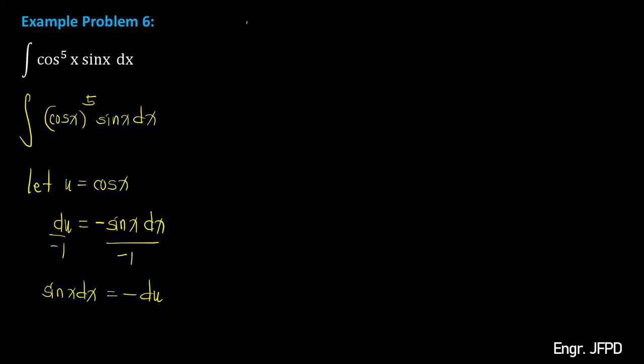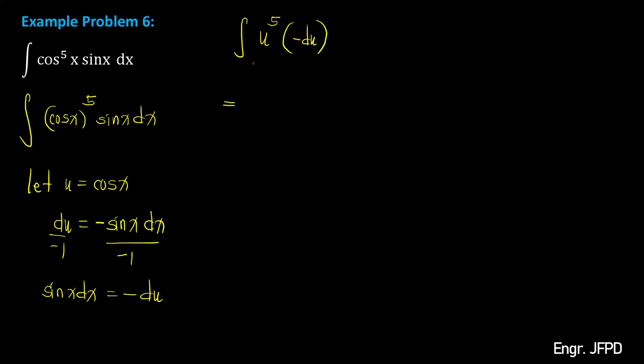Now, for our question, we can express the integral of the cosine of x raised to the fifth multiplied by sine x dx as u raised to the fifth power. And for the sine of x dx, this is the same as the negative of du.